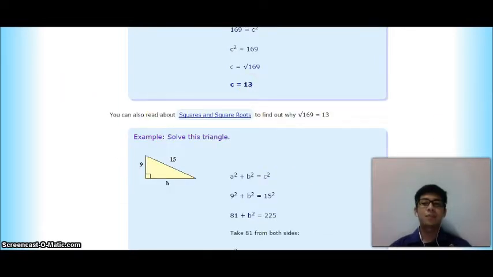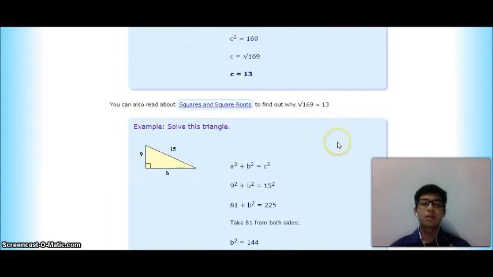Now I will show you the next example. We have another right angle triangle with side 9 and 15 for the hypotenuse, and an unknown side indicated by the letter b.